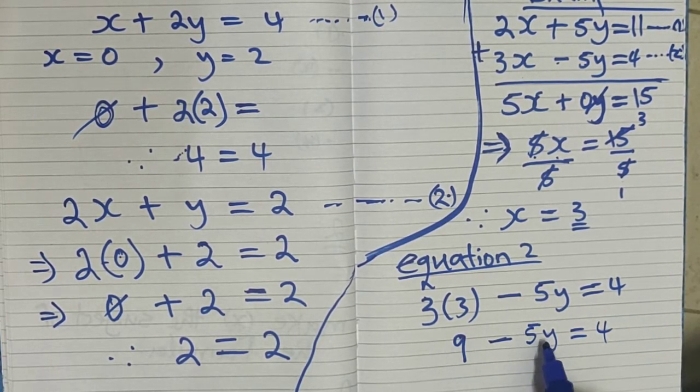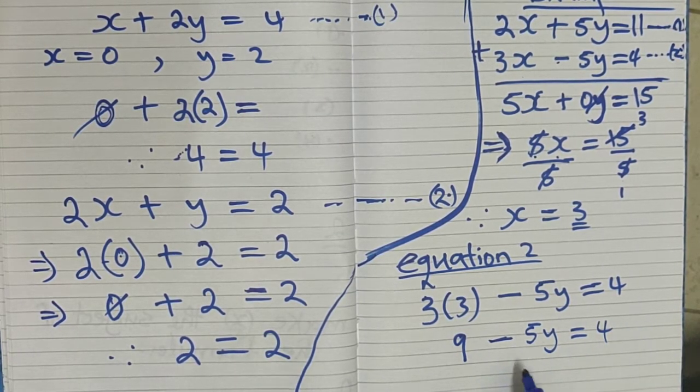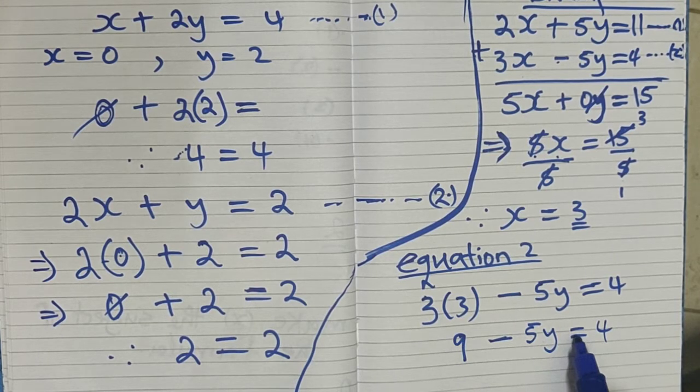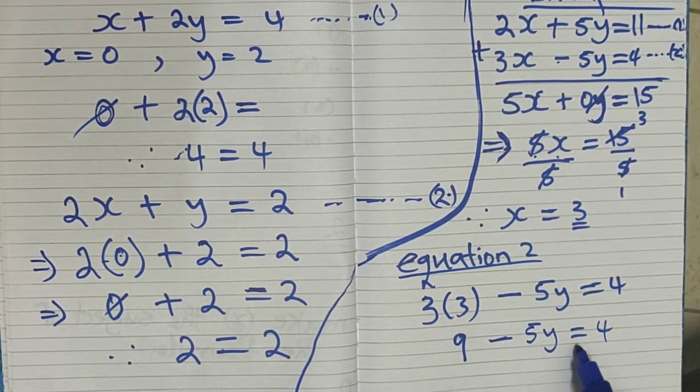Now we are looking for y, so we have to make y the subject of the formula. This 9 is going to cross the equal sign to the right. The 9 is positive, but when it crosses the equal sign, it changes to negative.